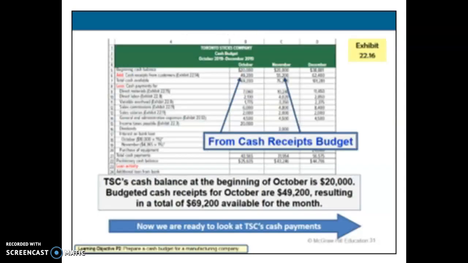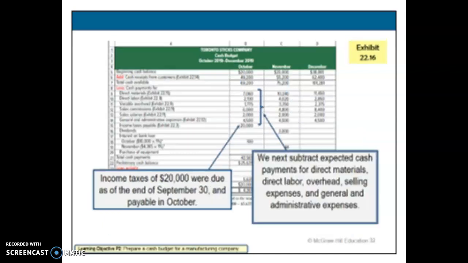All right, so again, a smaller slide. If you open up the full PowerPoint, you'll be able to see the slides in a little more detail. But now we can see what the cash budget is, what comes from our cash receipts budget, and what goes into it, and now we can look at our cash payments.